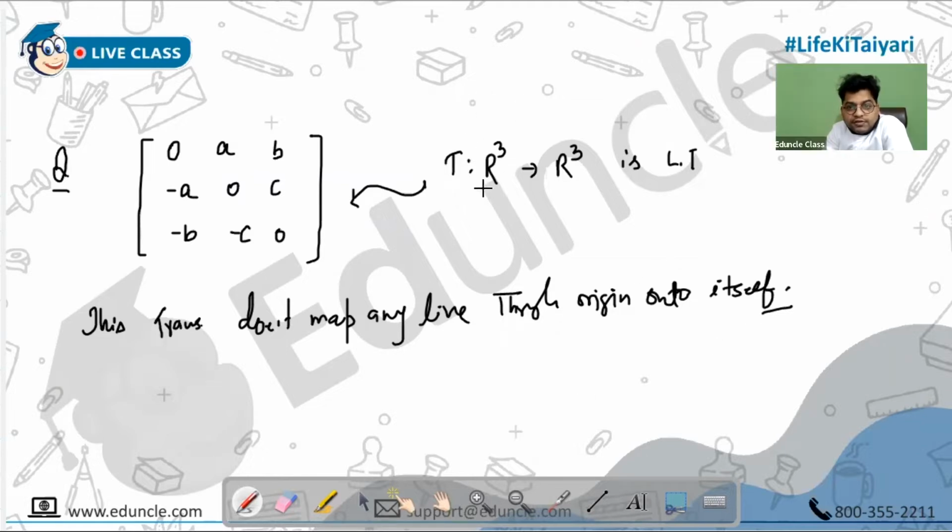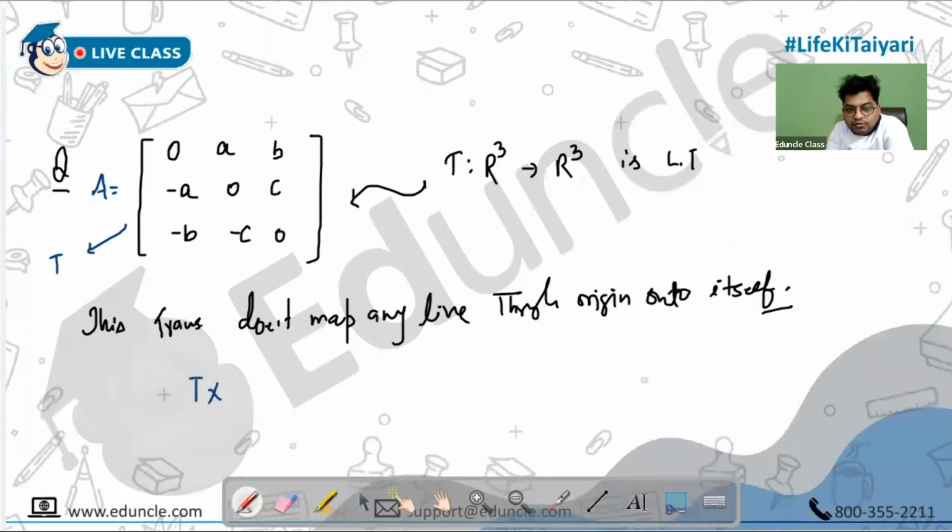and you are saying this linear transformation is R cube to R cube and the matrix is given, first of all you have to understand that whenever you say there is a linear transformation from R cube to R cube, then T of x equals some transformation. Basically, T is nothing but a matrix. Whether you say A is a matrix or T is a matrix is immaterial.